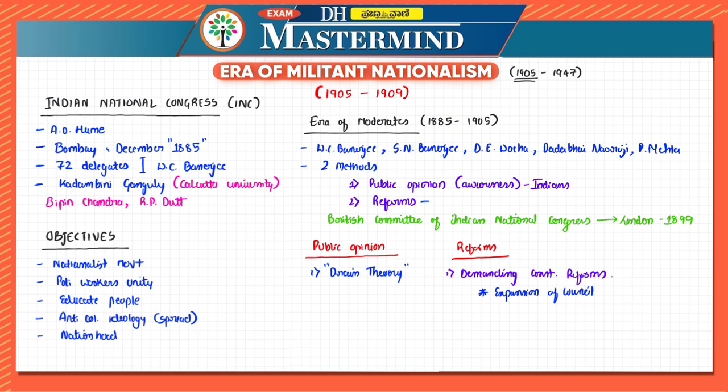the Viceroy was there, and then there was the Secretary of State for India. The Viceroy was also guided by the Executive Council, and in that Executive Council there were hardly any Indians. So the Congress, the era of moderates, was demanding that the number of people in this council had to be increased and that there had to be more Indians in the council.